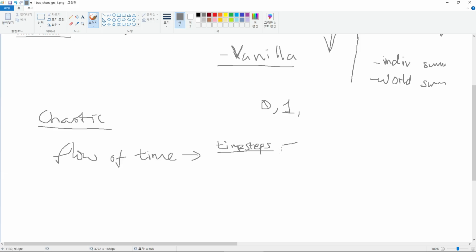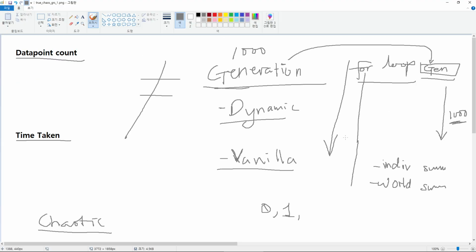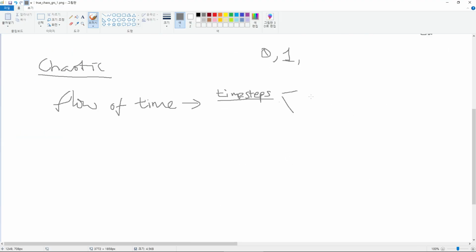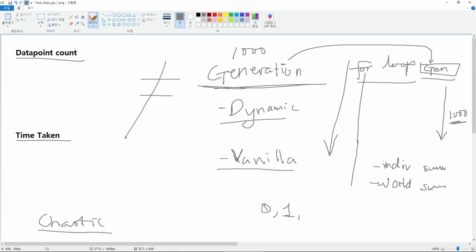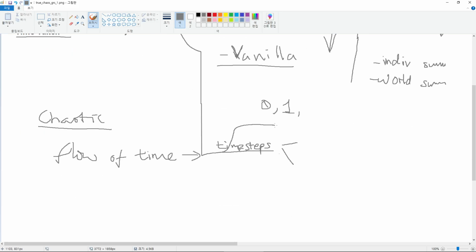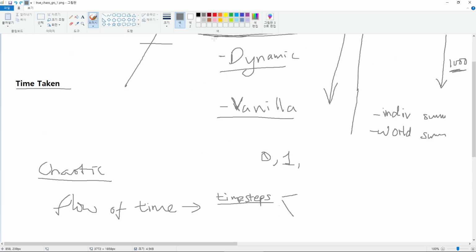And this led to me changing the word generation to blip.